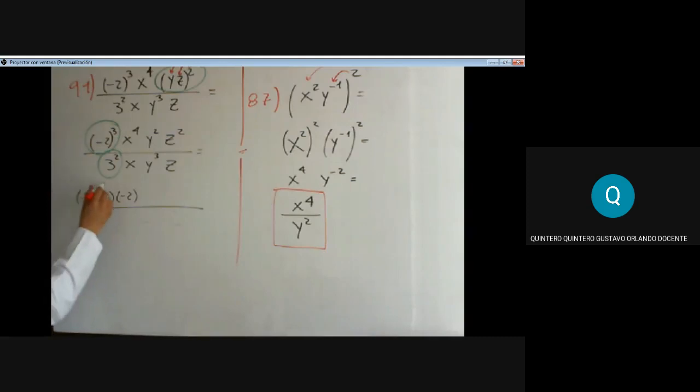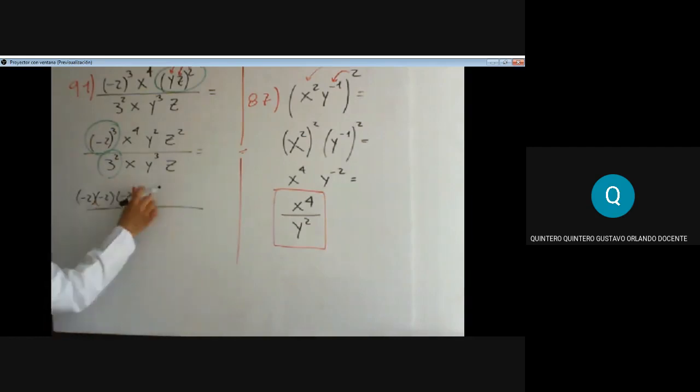Because over here you have negative 2 three times. So how much is that? 2 by 2 by 2 is 8. But what about the sign? Well, the sign is negative by negative by negative. This is positive because there are two negatives, and then the positive with the last negative is going to become a negative.